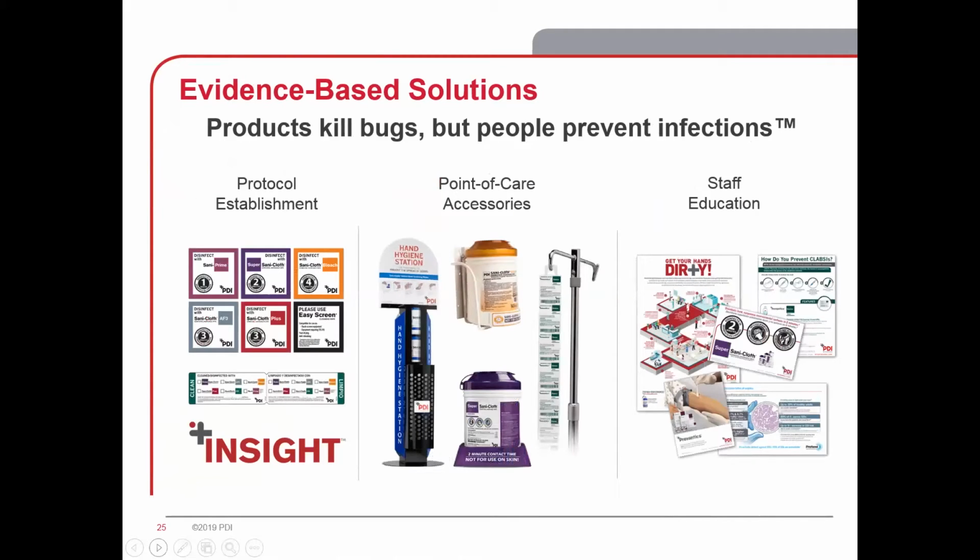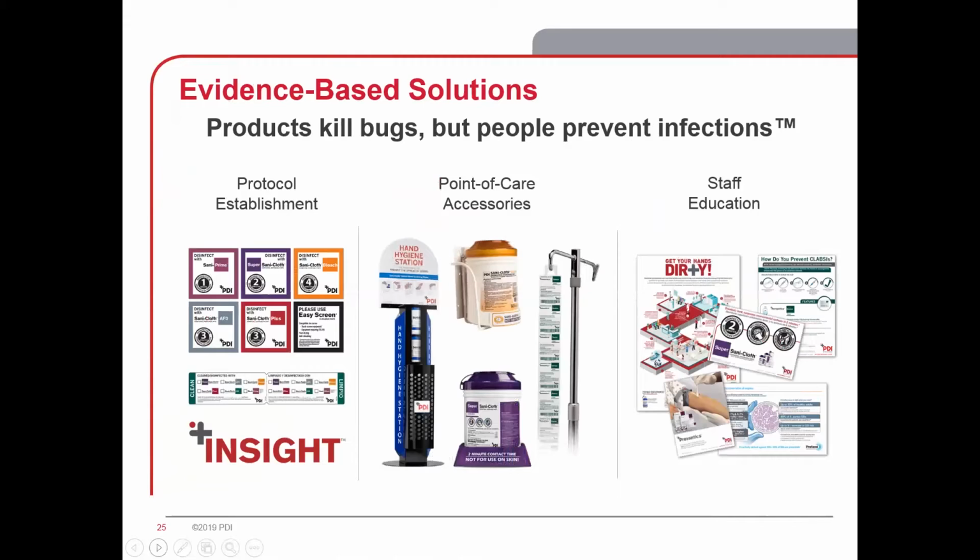Not only do we have great products, but we have great solutions for you as well. We know that the products themselves, the chemicals, can kill those microorganisms, but it really does take people to prevent infections. So to help support the people and our customers, we help with product protocol establishment, and we have different applications such as our Insight app, but also different types of SaniTag products to help identify what products can be used on what types of devices.